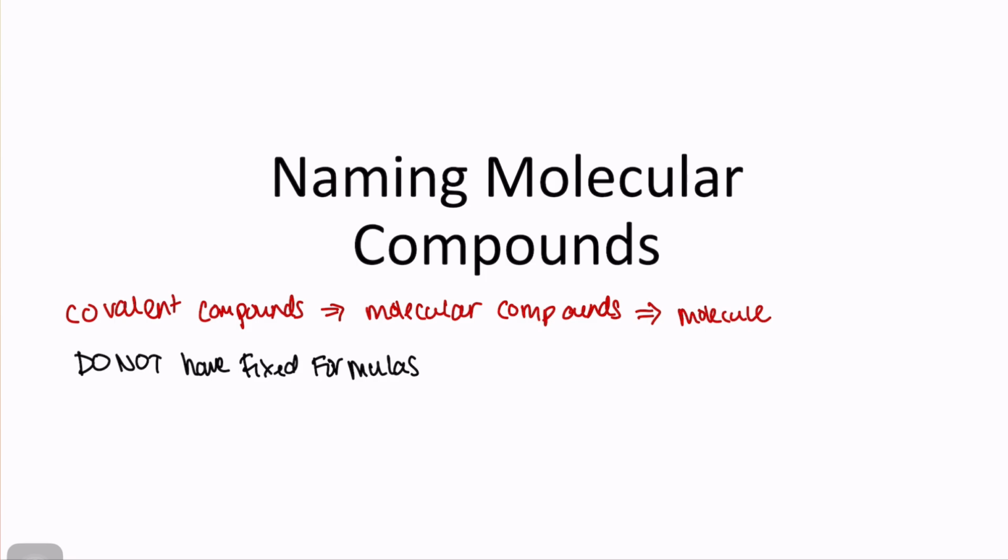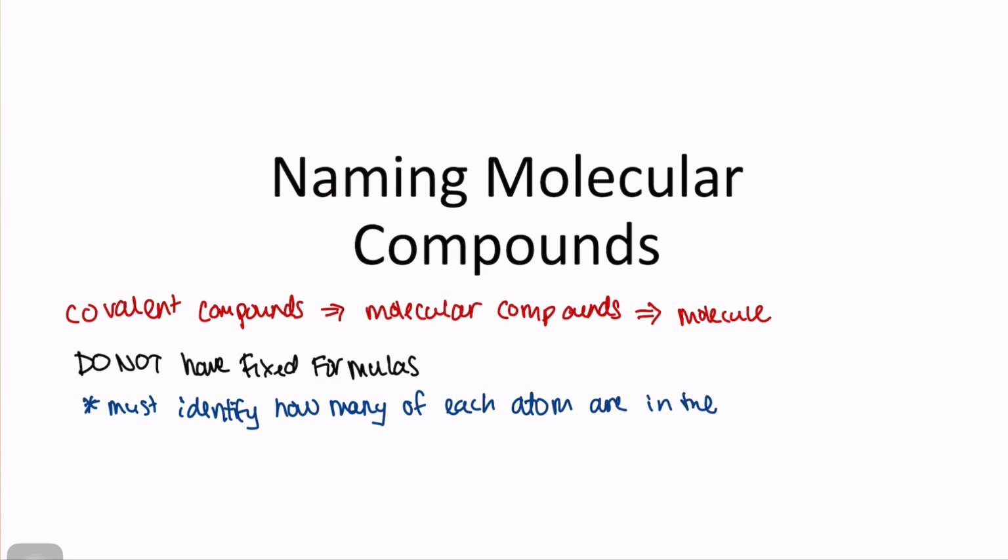So what that means is you must identify how many of each atom are in the compound. I could also say we have to identify how many of each atom are in the molecule.